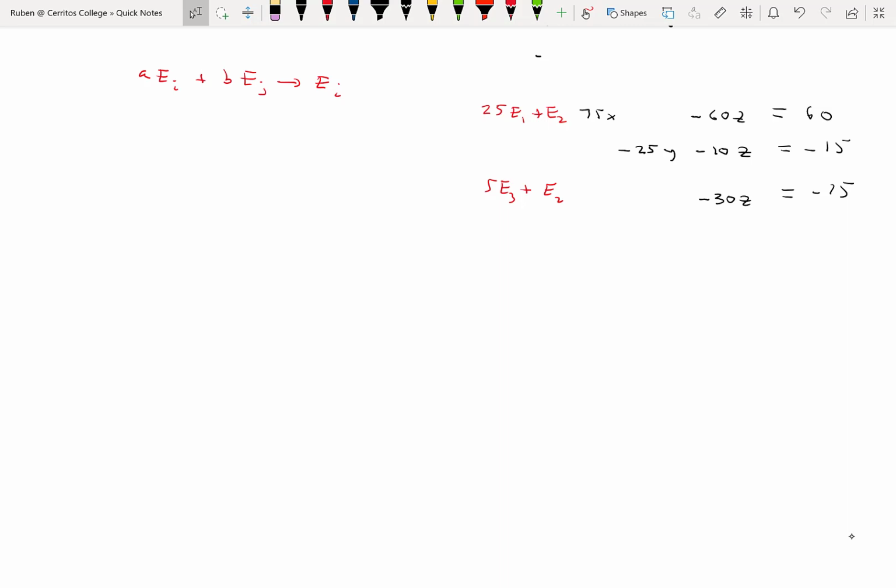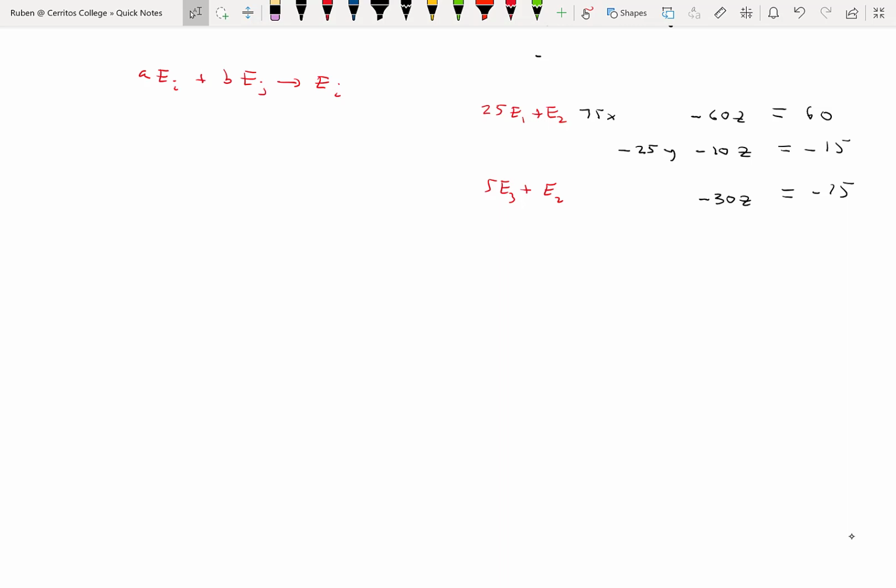So the operations are going to be to get rid of the negative 60z. I'm going to take equation 1, and I'm going to add how many equation 3's? Negative 60 plus what times negative 30 is 0.